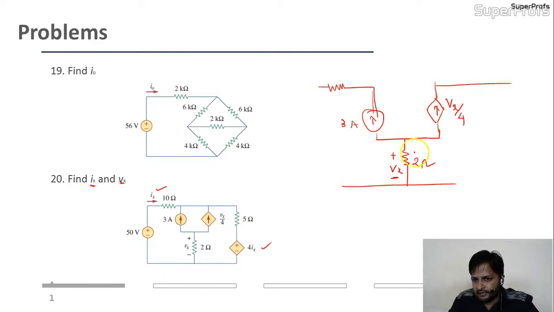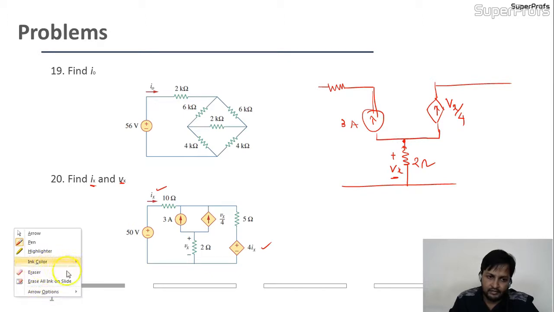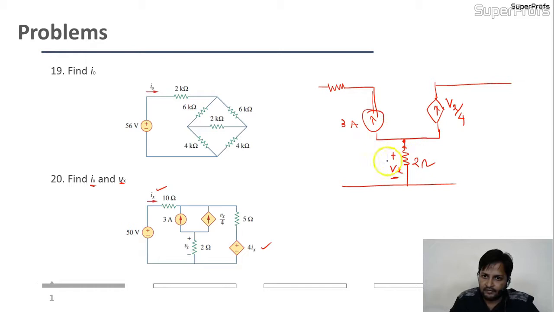So friends, at this node, two currents are leaving, Vx by 4 and 3. Means here the incoming current is equal to the outgoing currents. So in this branch, the current is the summation of these two currents. Is it okay or not? Tell me first. In this branch, the current will be 3 plus Vx by 4, is it?